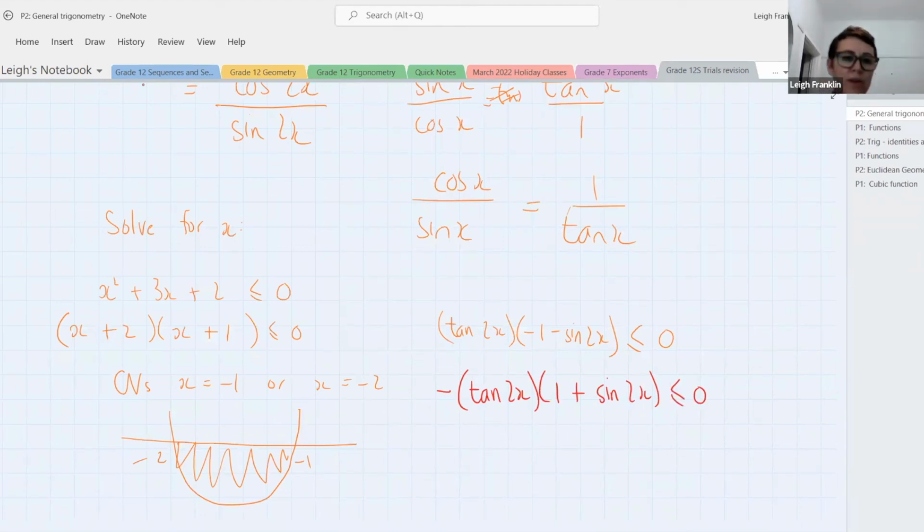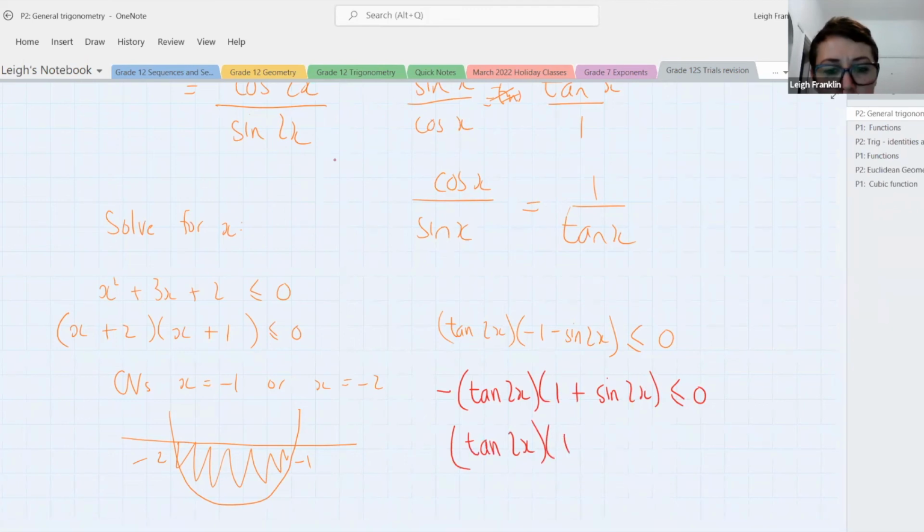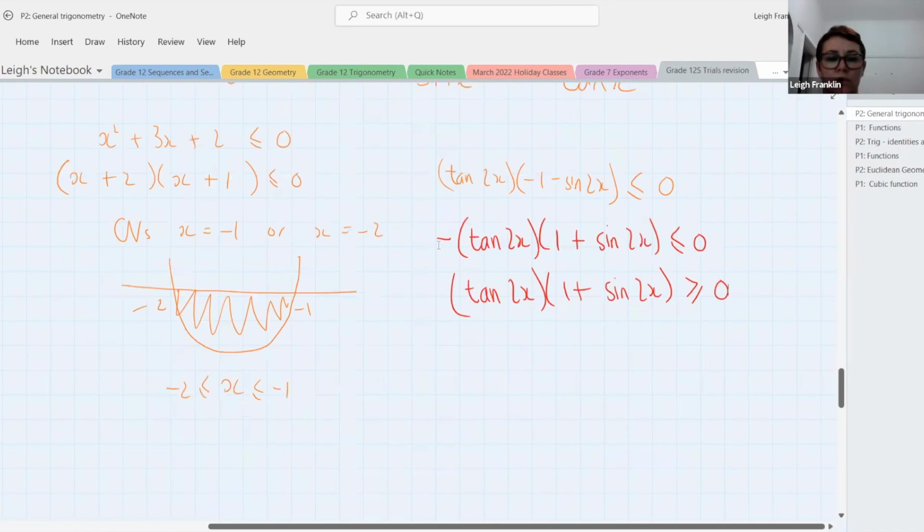What happens when we divide by a negative with an inequality? The sign changes, exactly, the sign changes around. So if we divide by -1 on both sides, we've got tan 2x multiplied by 1 plus sine 2x is now greater than or equal to 0.